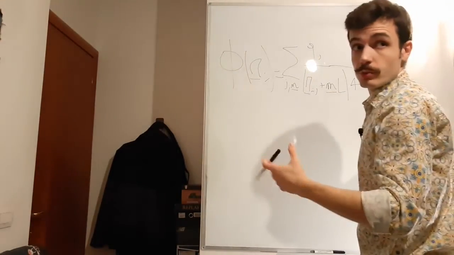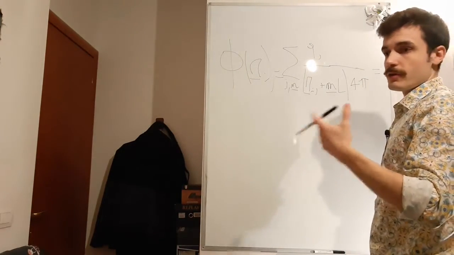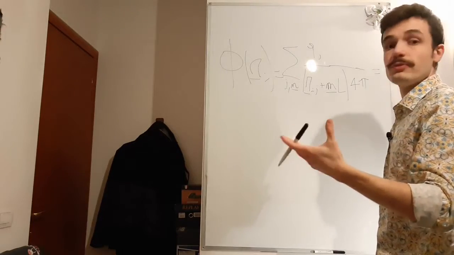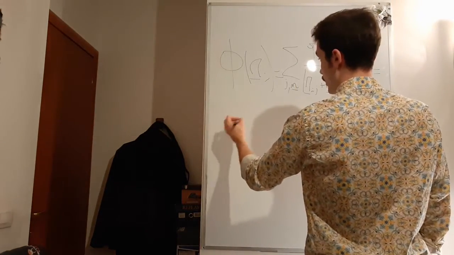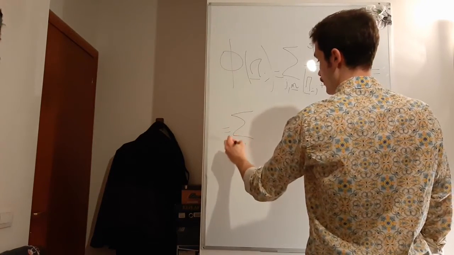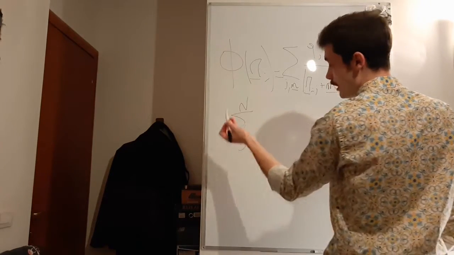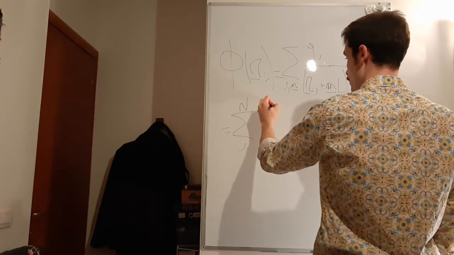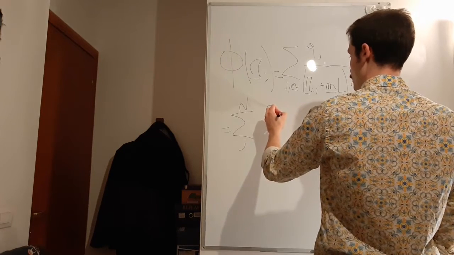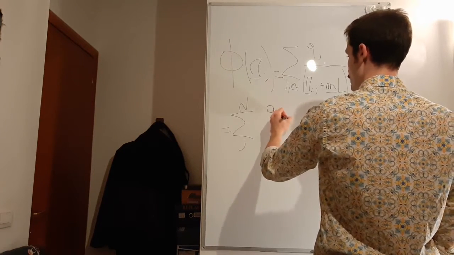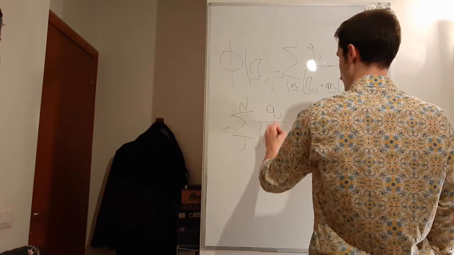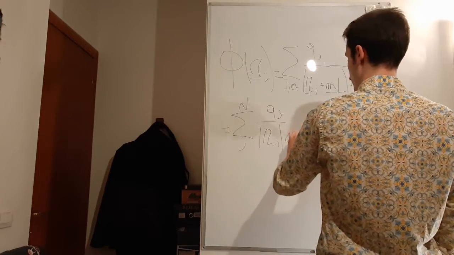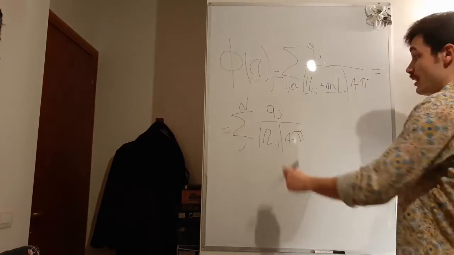But as we are not working on an infinitely periodic system in reality, because a computer cannot go to infinity, we will have something like a normal sum of j over all the particles of q_j over r_ij, and of course the constant that I always forget.